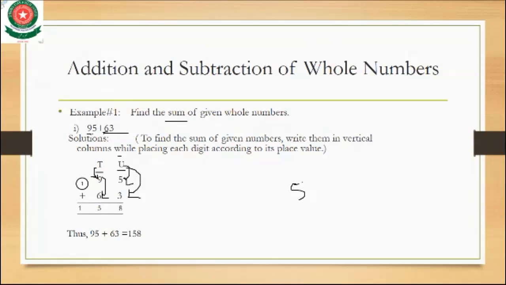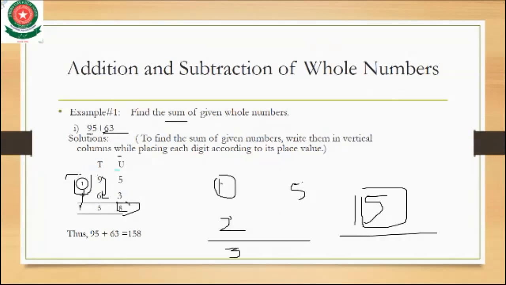If there is a value under the carry, for example 2, you will add both. 2 plus 1 is equal to 3. We will solve the carry according to this method. Okay class, this is part 1 of example number 1.